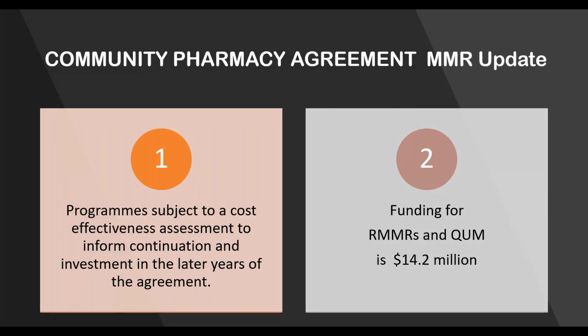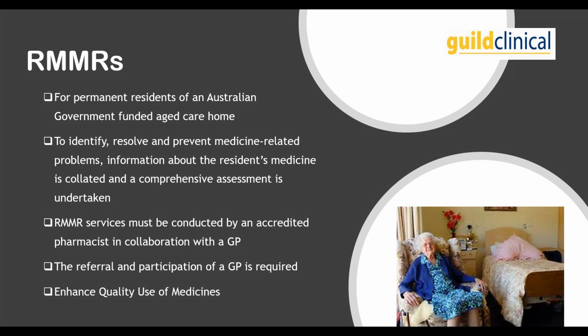The community pharmacy agreement programs are subject to cost effectiveness assessment, and the agreement that's underway currently has funding allowed for RMMRs and QUM at $14.2 million. So RMMRs must be conducted by an accredited pharmacist in collaboration with a GP.